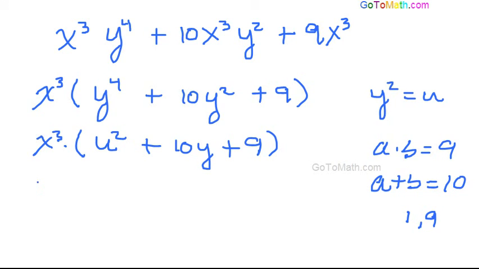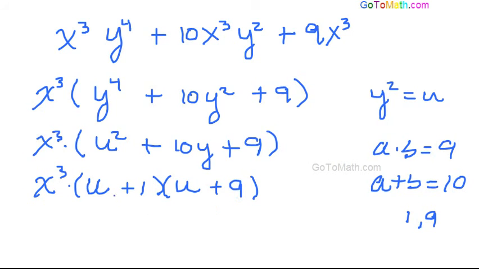There you go. What do you know? I guess I should have done this already. Alright, so we'll let this be 1 and that be 9. u times u is u squared, then we have u times 9 is 9u, 1u, so that makes that a 10u.